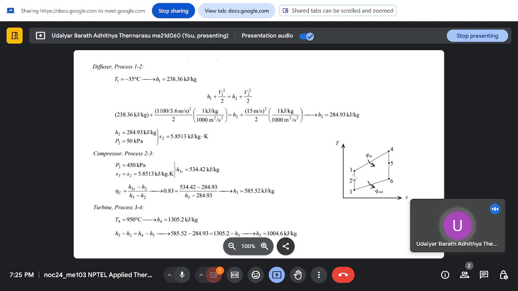Because the compressor is not 100% efficient, the compressor efficiency is H3 dash minus H2 divided by H3 minus H2, ideal by actual. 0.83 is the compressor efficiency. Substituting the enthalpy values, I can find the actual enthalpy at the exit of the compressor, which comes out to be 585.52 kilojoule per kg.